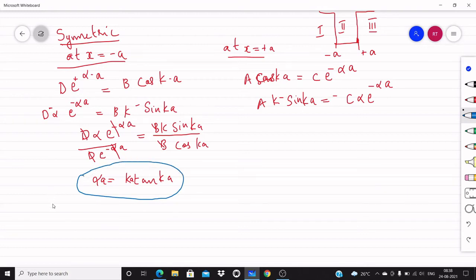Now if the anti-symmetric case is considered, you will have a sine function instead of cosine. So doing the same steps at x equal to minus a and x equal to plus a, that is the boundary of regions 1 and 2 and 2 and 3, the continuity condition is to be satisfied. So you will have equations like this.